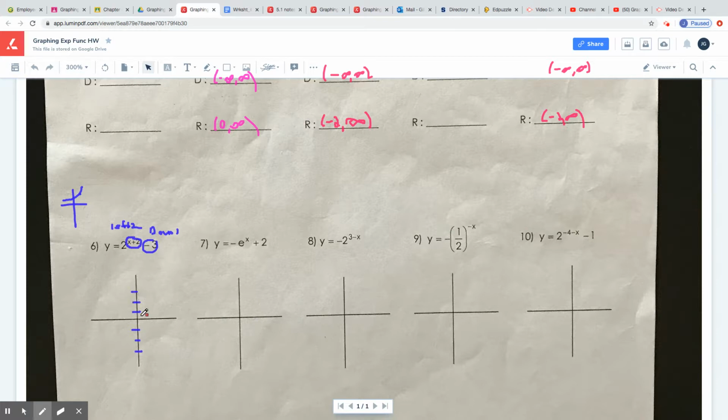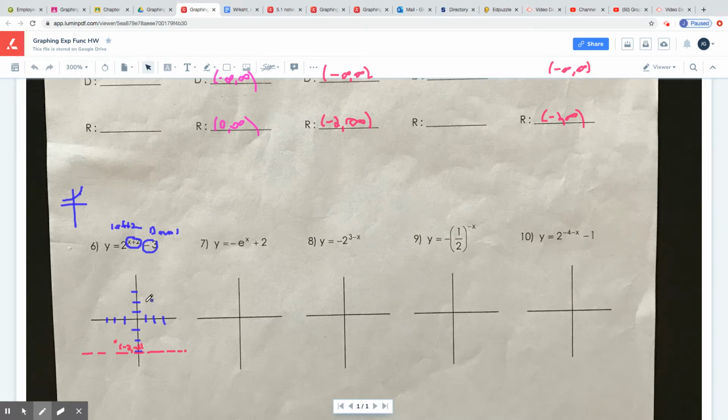Let me just make a few points here. I normally don't do this, but that's fine. Negative 3, there's our horizontal asymptote. Normally we're at (0, 1). If I move down 3, 1, 2, 3, and to the left 2, I am now at (-2, -2).